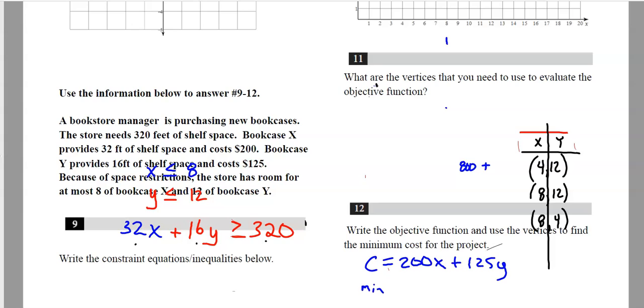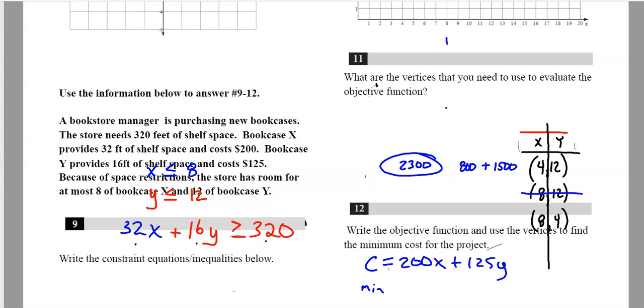Should be able to do that in my head: 1250 plus 250, that's 1,500? So that's $2,300.